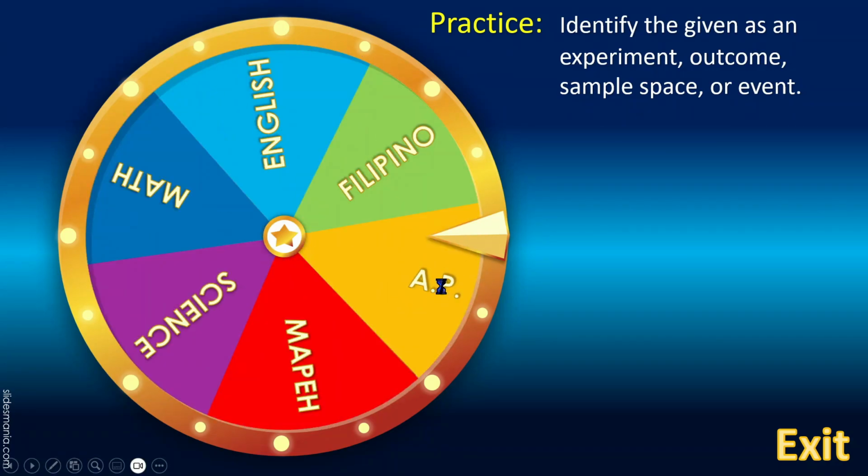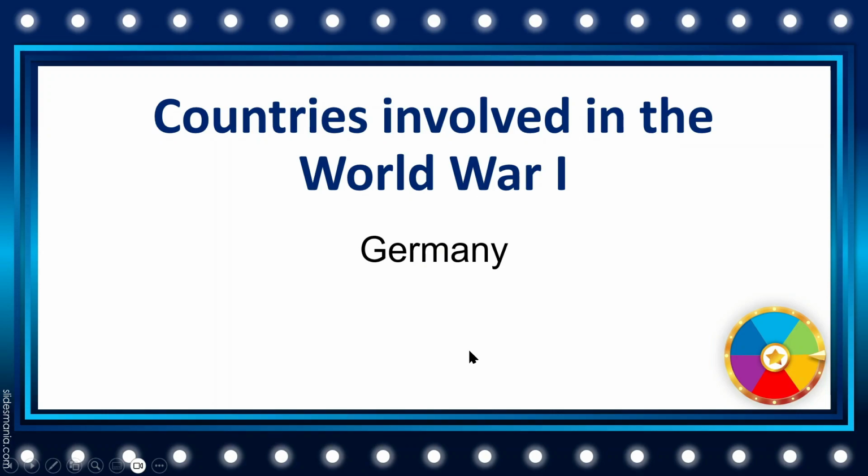Okay, for AP, if we are going to pick countries involved in World War One and got Germany, what do you think Germany is among those four concepts that we have just discussed? The answer is outcome because it only includes one out of the many possible outcomes that we can pick out of the countries involved in World War One.